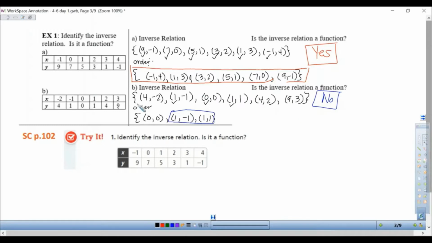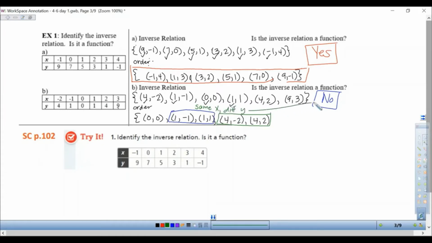Our next x value actually gives us the same problem. Look, we have 4, -2. And we have 4, +2. So both of those tell us that this is not a function because they have the same x, but different y values.